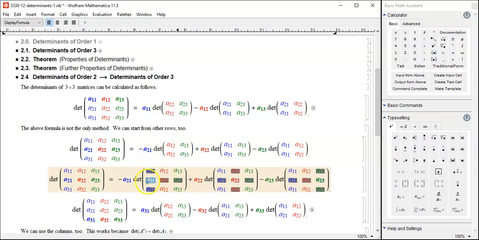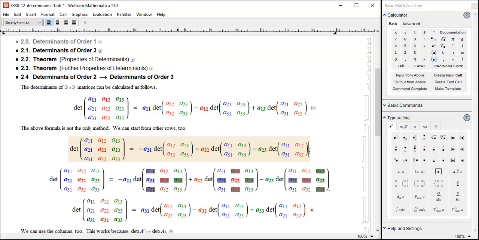So second row, first column, gone, and what's left is this deleted matrix, and we calculate its determinant. Do the same thing here. A22 came from here, so second row, second column, gone. What's left is this deleted matrix, and finally A23, so second row, third column, gone, and what's left is this deleted matrix.